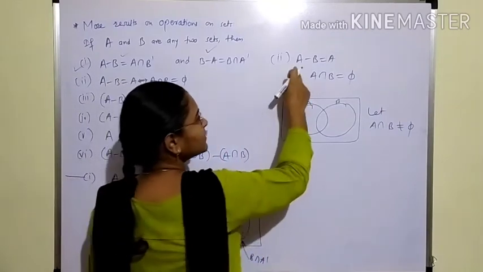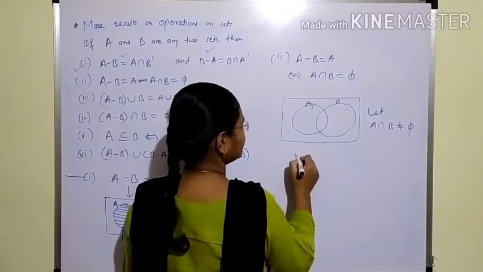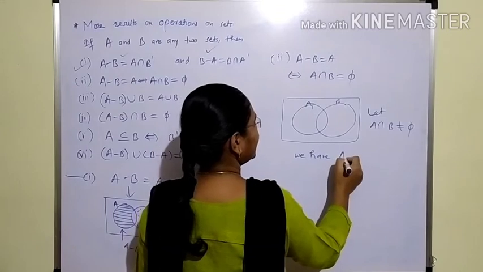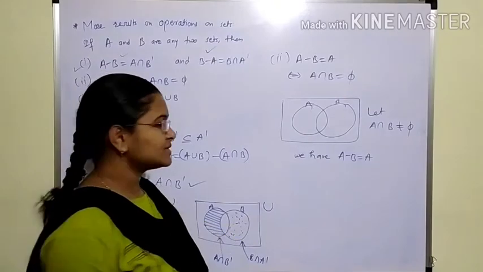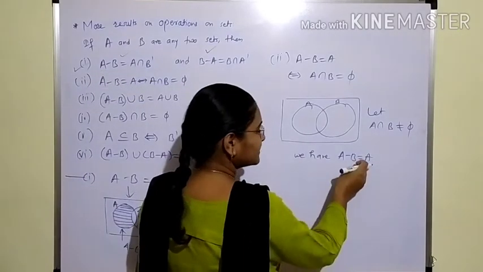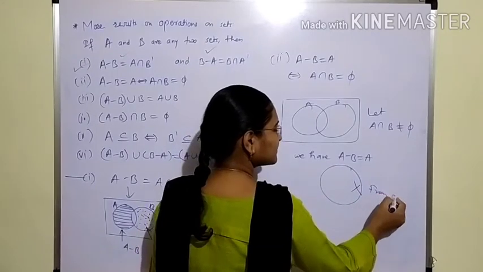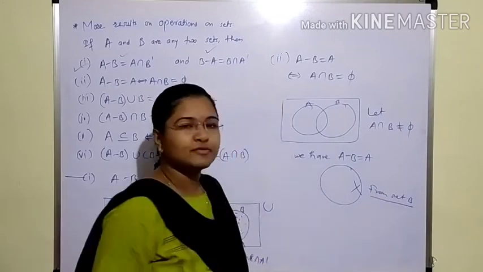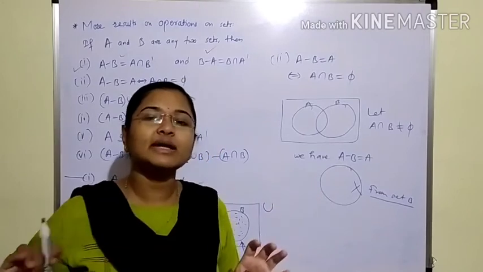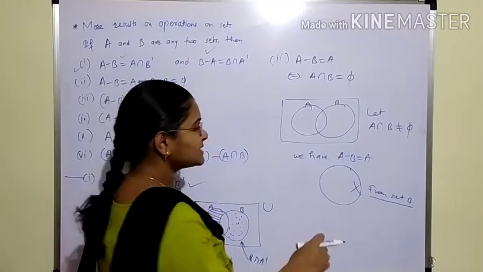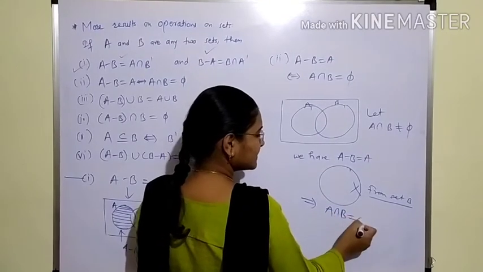Now we have to prove A minus B equals A. So we have A minus B equals set A. Okay, A minus B equals set A means in set A no element is there from set B. Means from set B there is no element in set A, so that we can exclude those elements from set A. Getting? Means this implies that A intersection B is the empty set.